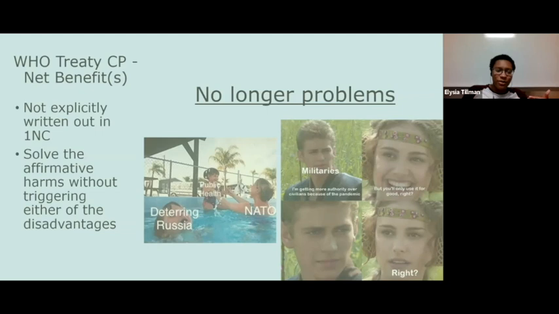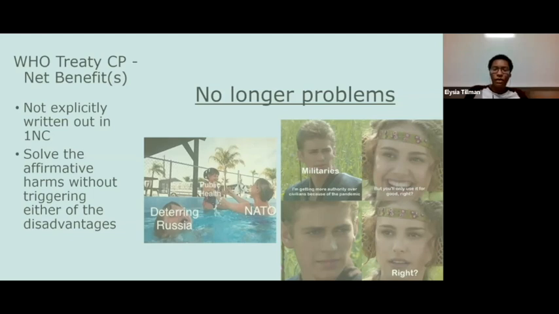But just to reiterate, our deterrence disadvantage, the whole idea is that the plan links because it takes NATO's focus away from their main goal of deterring Russia and keeping them from being aggressive to focus on public health. So if we have a counterplan where the WHO is doing things instead of NATO, we don't have to worry about that anymore.